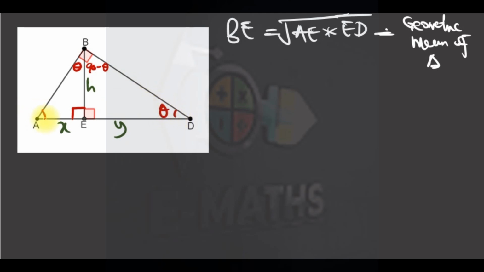Why is this 90 minus theta? We have 2 right triangles that are similar. I'm saying that triangle ABE is similar to triangle BDE, by the right triangle similarity theorem.